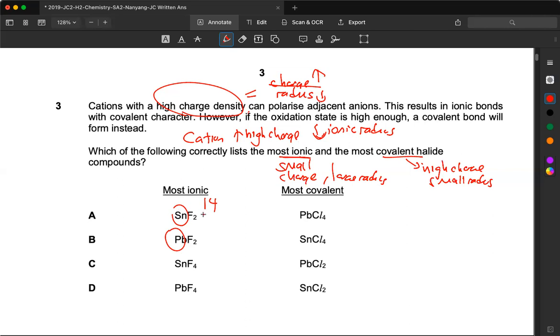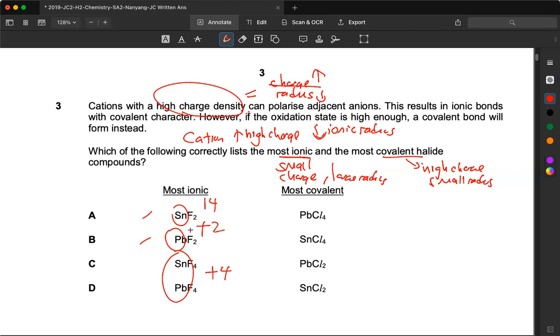So to have a small charge, it must form the +2 instead of +4. Here you can see that the ion charge is +4 for one cation, and the cation here is +2. So it's between A and B. Then compare between tin and lead.